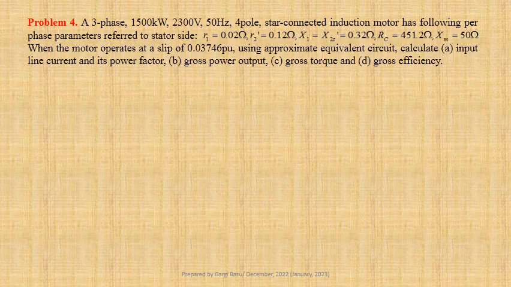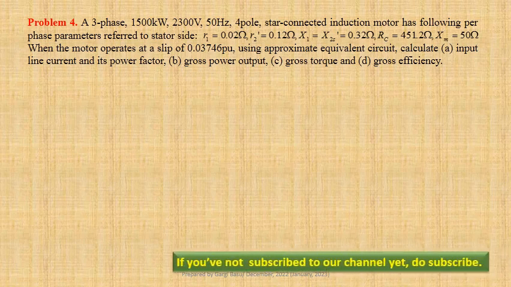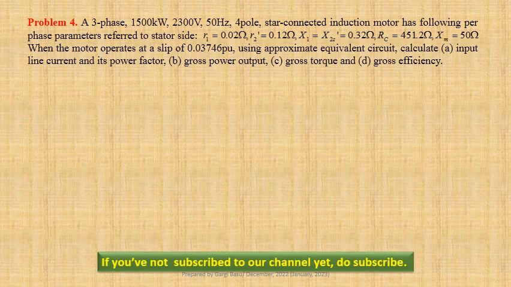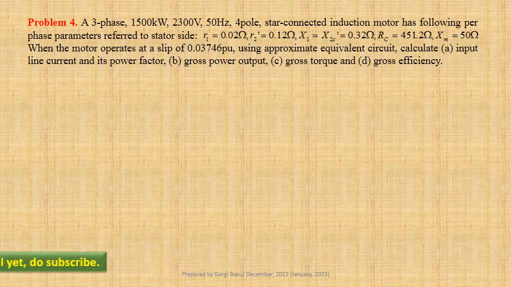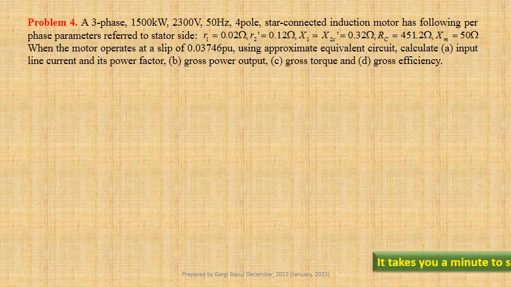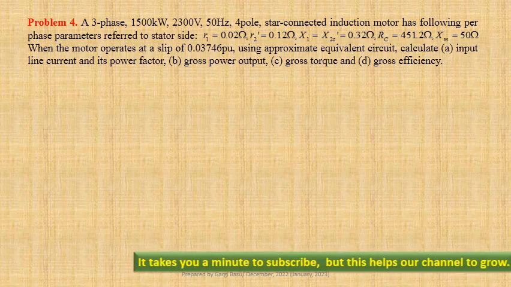A three-phase 1500 kilowatts, 2300 volts, 50 Hz, 4-pole star-connected induction motor has the following per phase parameters referred to stator side. R1 equals 0.02 ohm, R2' equals 0.12 ohm, X1 equals X2S' equals 0.32 ohm, RC equals 451.2 ohm and XM equals 50 ohm.